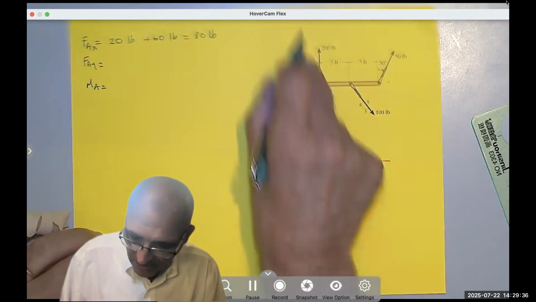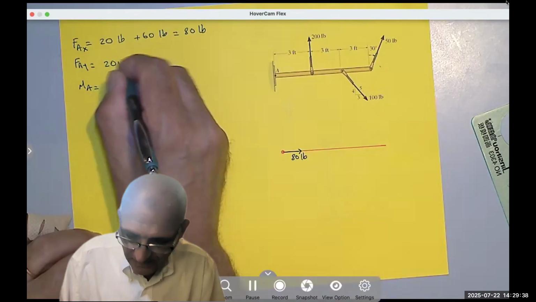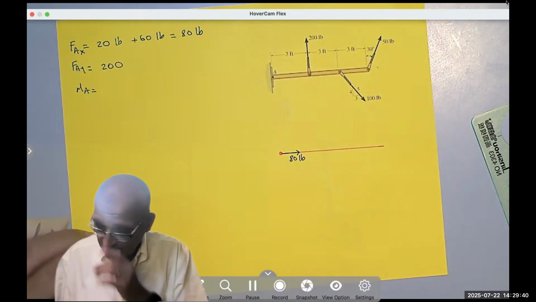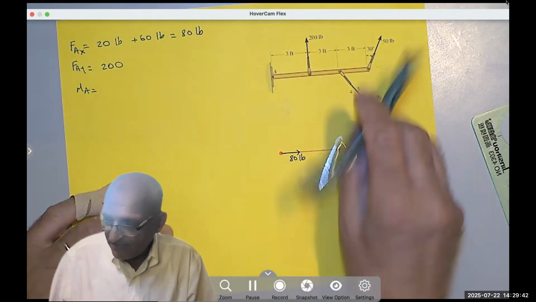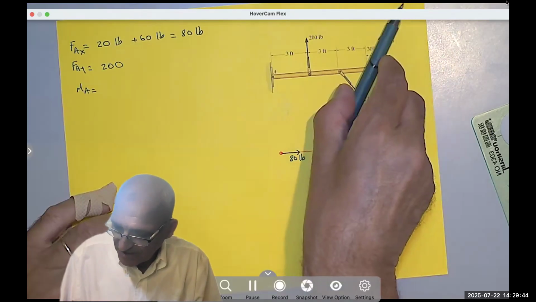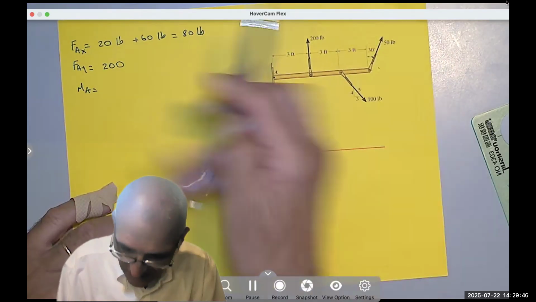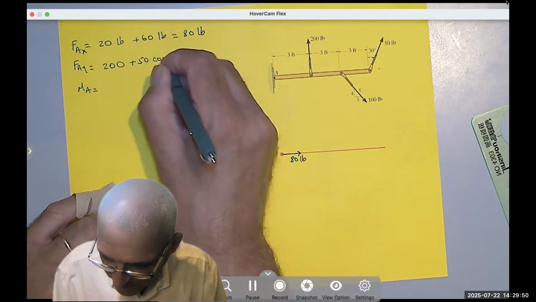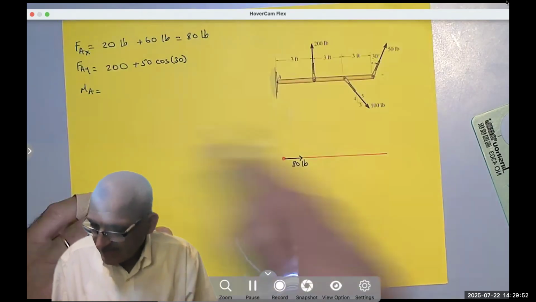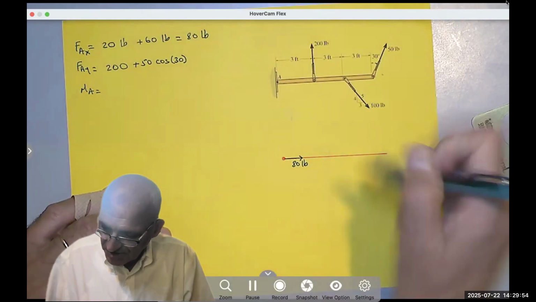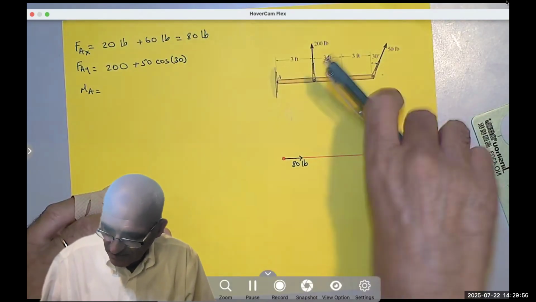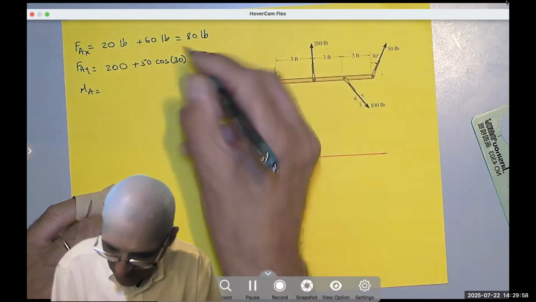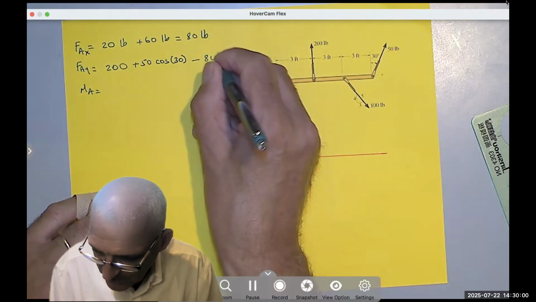Vertically, I have 200 going up, 200 pounds. I'm not going to write pounds now. I have a vertical component which is 50 cosine 30, so plus 50 cosine 30. And then I have one going down, which is 4/5 of 100, or 0.8 of 100, or 80 pounds.